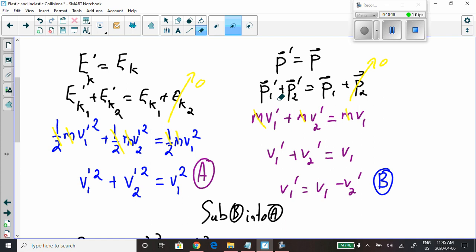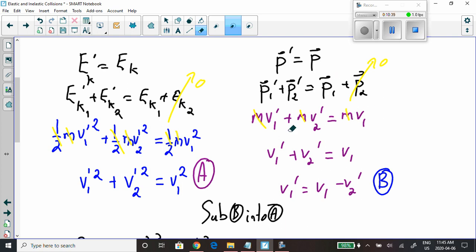So we're going to drop the vector notation. We're only looking at magnitude, and we'll say that momentum here is equal to mass times v1 prime plus momentum of the second object after the collision, mass v2 prime, and momentum of the first object before the collision, mass v1.